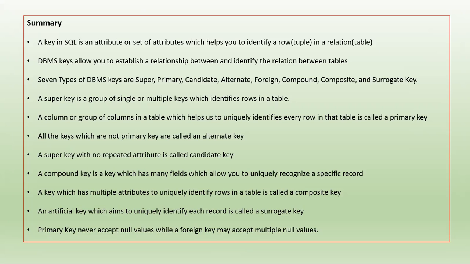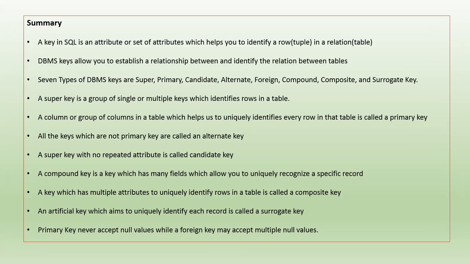A super key is a group of single or multiple keys which identify rows in a table. A column or group of columns in a table which helps to uniquely identify every row in that table is called the primary key. All the keys that are not the primary key are called alternate keys.